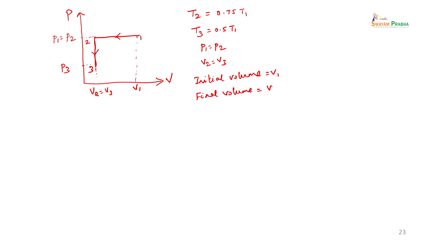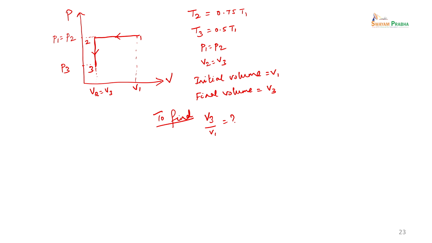Final volume is V3, from 1 to 2 the first process, then from 2 to 3. So, this is the final volume. So, we have to find V3 by V1.